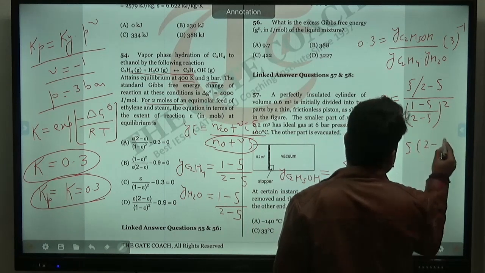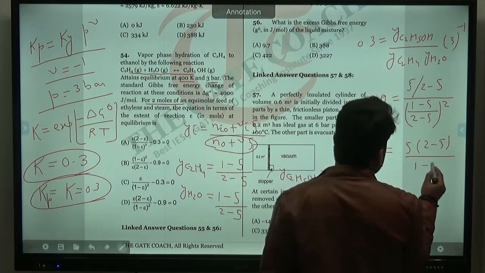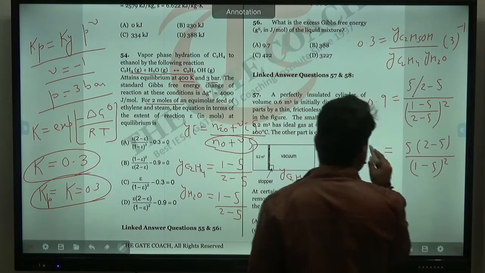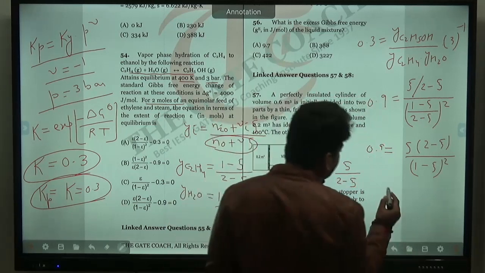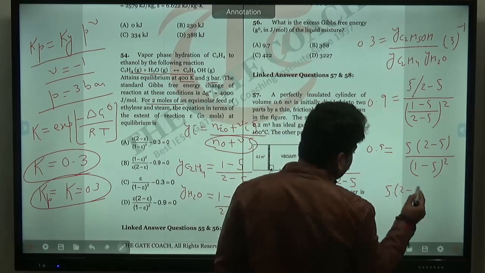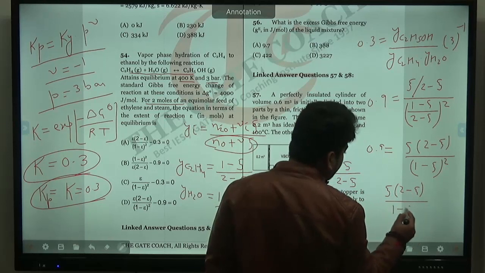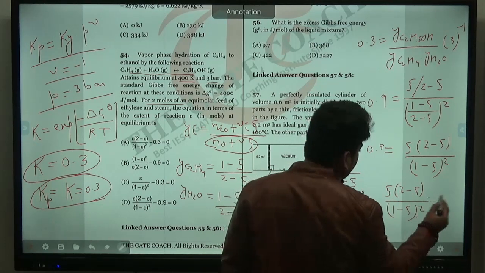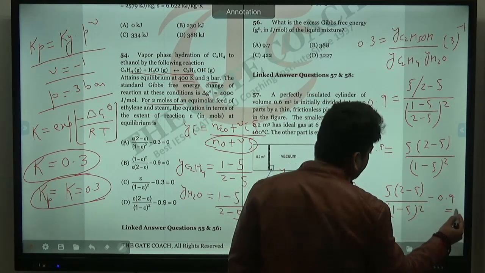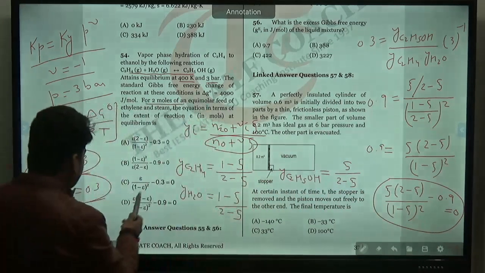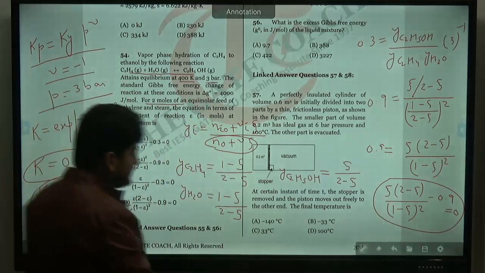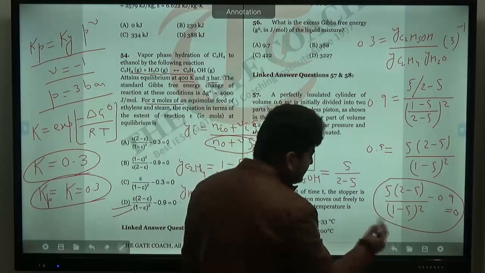Zeta into 2 minus zeta upon 1 minus zeta whole square equal to 0.9. If you want to write it like this, you can say zeta into 2 minus zeta upon 1 minus zeta whole square minus 0.9 equal to 0. That is my answer, and that is option D. D is my correct answer.